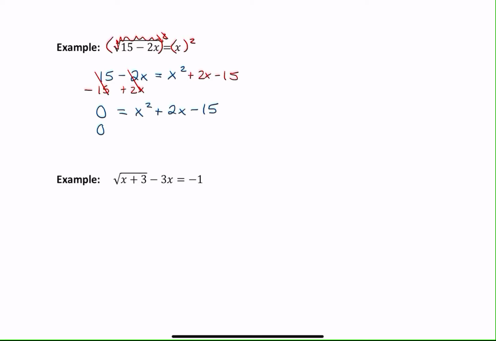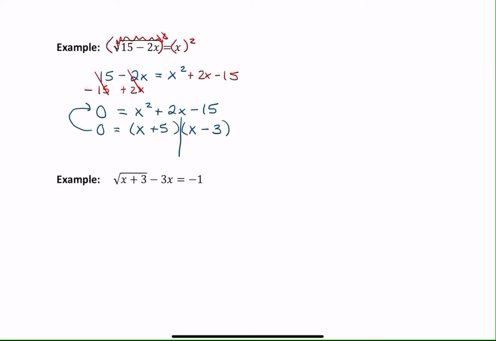Now I can factor this. So I've got x. I need factors of 15 that add to be positive 2. So that's going to be positive 5 and negative 3. That will give me the positive 2x in the middle. If you FOIL that, if you want to check, it'll go back to that original equation.